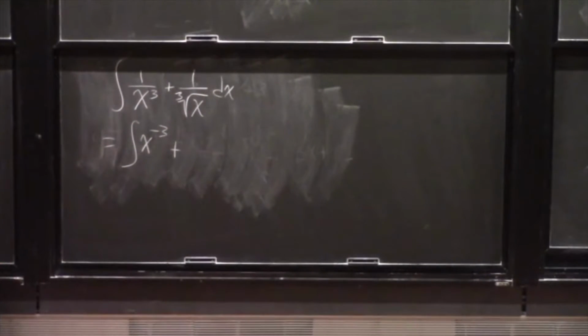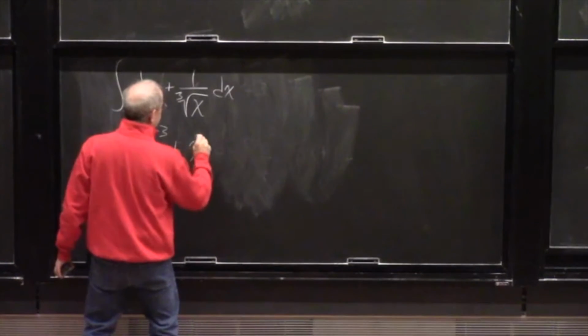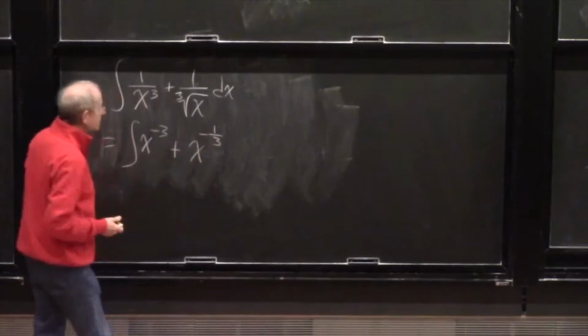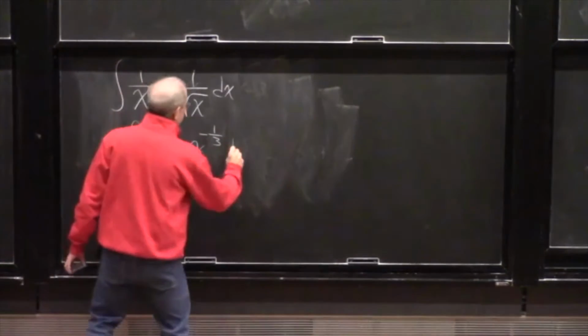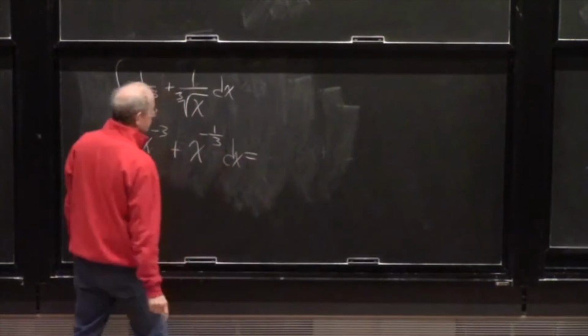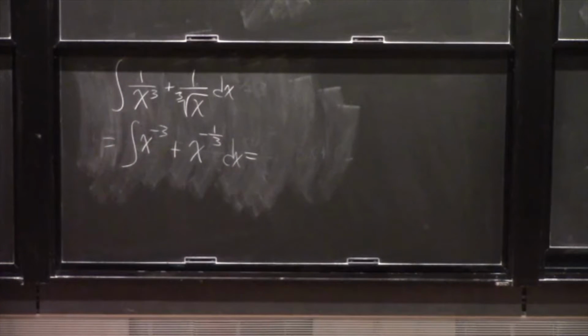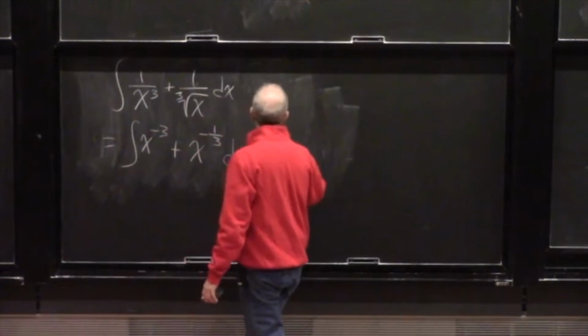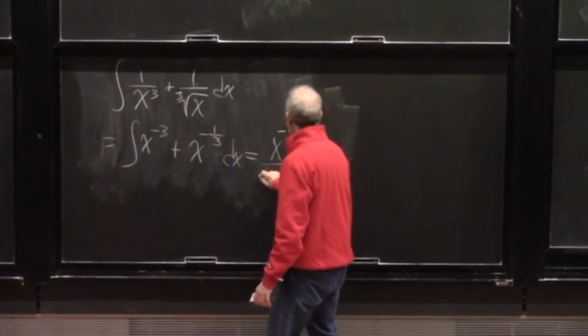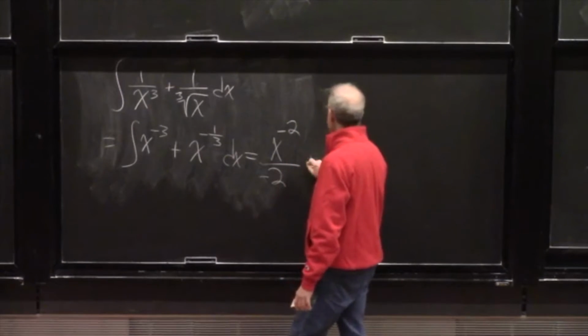And cube root of x is x to the 1/3. So 1 over the cube root of x is x to the negative 1/3 dx. And now you just have to practice adding 1. So the integral of x to the negative 3 is x to the negative 2 divided by negative 2.